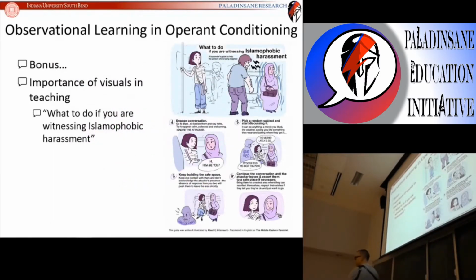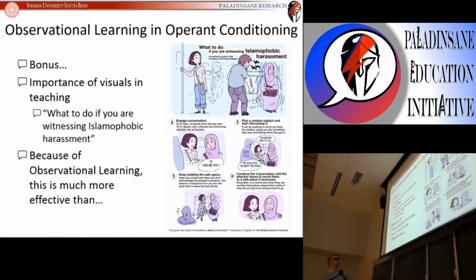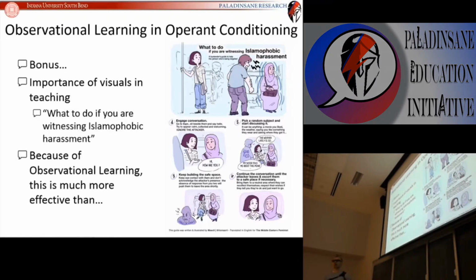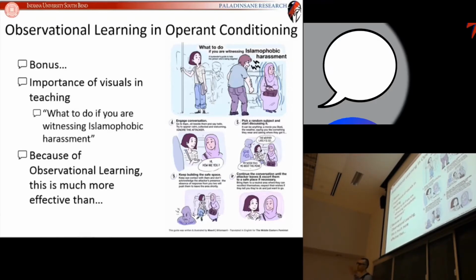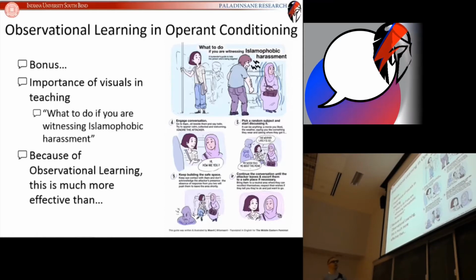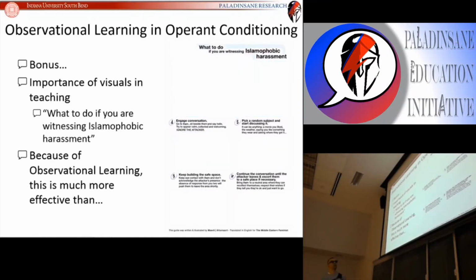The other side of observational learning in this pamphlet, and this is where a lot of my work has to do with, is the use of visuals in this pamphlet. Because of observational learning, this, let's call it what it is, this comic book right here is actually a lot more effective at getting people to do what that pamphlet is saying than if they presented it in this form here.